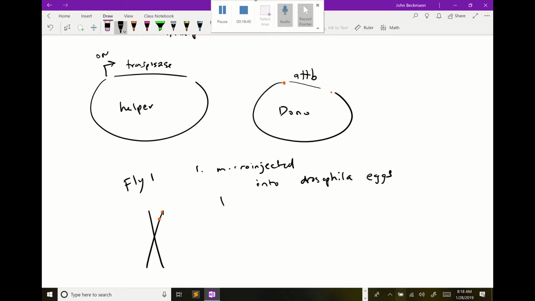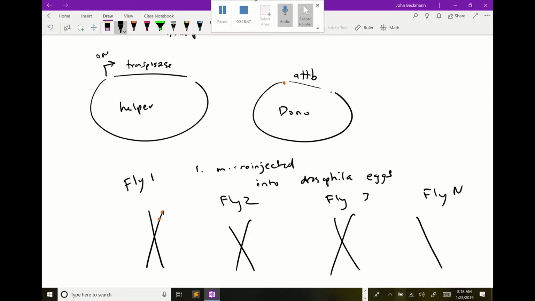Fly 2, fly 3, fly N. And all of these flies had random insertion points for the ATTB. Okay. So now he's got 1,000, I'm approximating, maybe he had 300, maybe he had 10, whatever. But now there's a lot. So originally he made a bunch of these flies that have sites where ATTB is inserted.